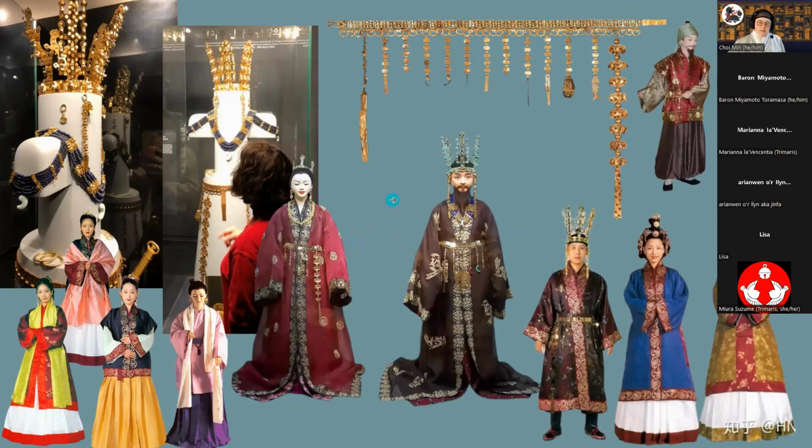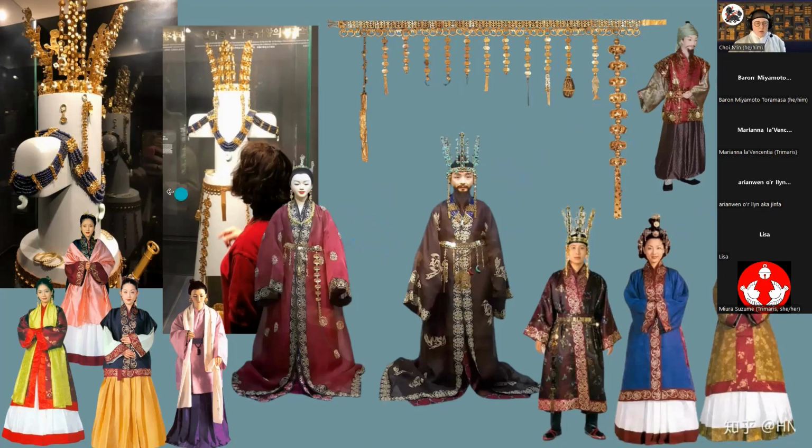So Silla is iconically known as like the kingdom of the gold, like the golden kingdom or something. I can't remember the exact phrase, but they're just flexing all over with all the gold because they had so much of it. Like even we're talking like nobles. Nobles would have had like the gold jewelry.